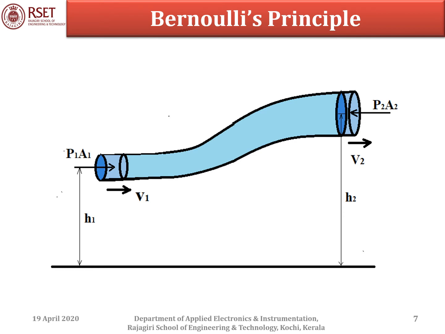This is the figure. You can see section 1 on the left, that is at a height h1 from the reference. There the area is A1, the pressure is P1 and fluid enters with a velocity v1. Similarly on the right side at a height h2, the area is A2 and the fluid flows with a velocity v2 against a pressure P2.